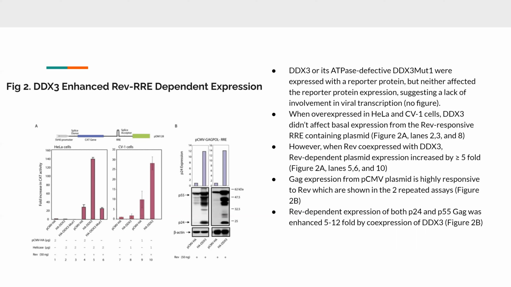For Figure 2B, the new plasmid encodes GAG protein, which is a group-specific antigen and a structural protein of HIV-1. GAG expression is highly responsive to Rev, as seen in the gels and bar graphs. Rev-dependent expression of both P24 and P55 GAG were enhanced by co-expression of DDX3. At the bottom is the beta-actin control, which should appear.